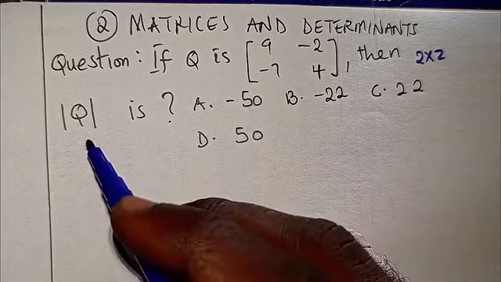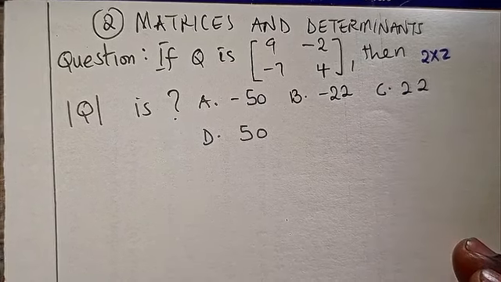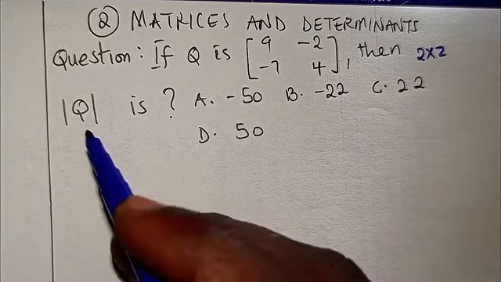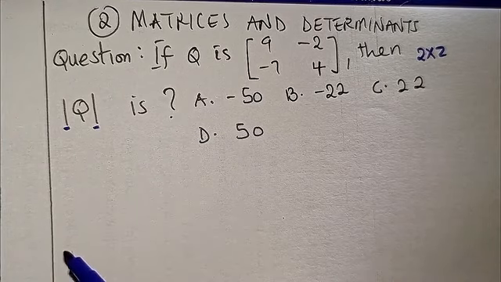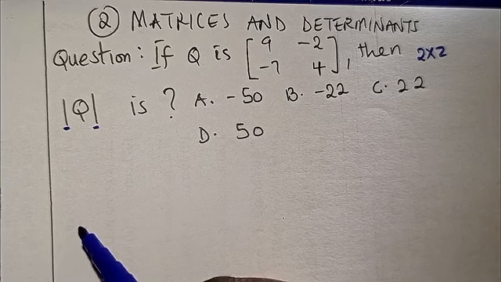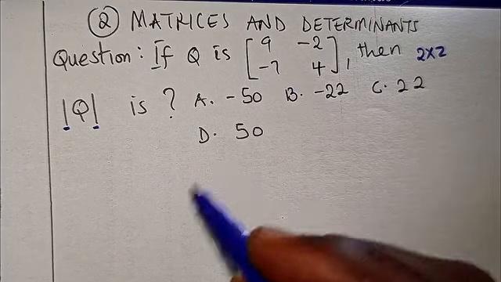Now you see these bars around Q, that is telling us determinant. So what they are asking is: what is the determinant of this matrix Q?